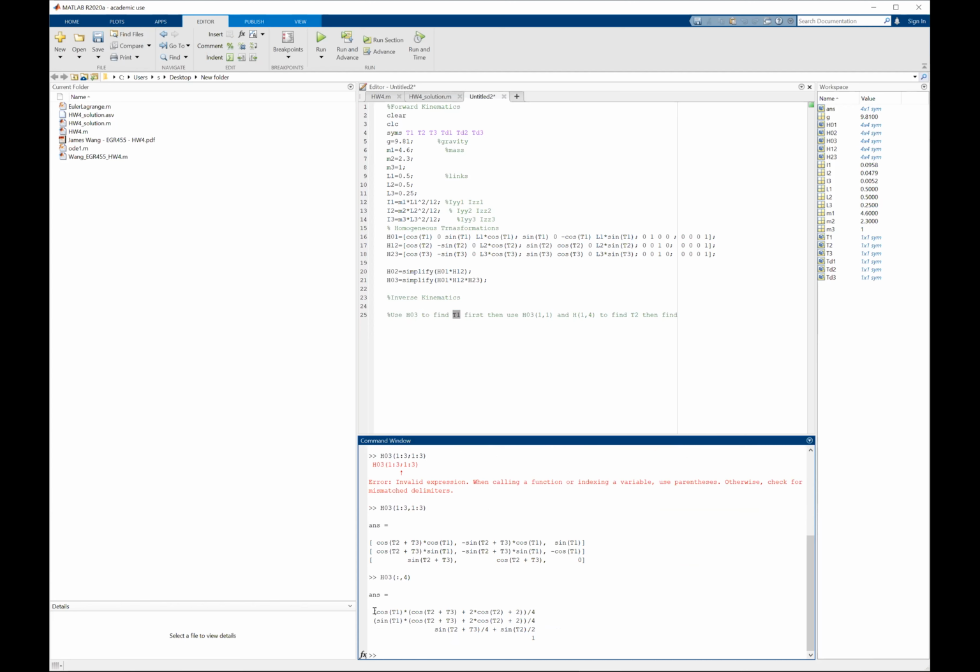This is nothing but the X location, Y location, and the Z location of the end effector. This will also be known to you.